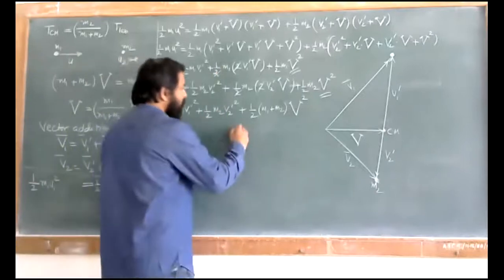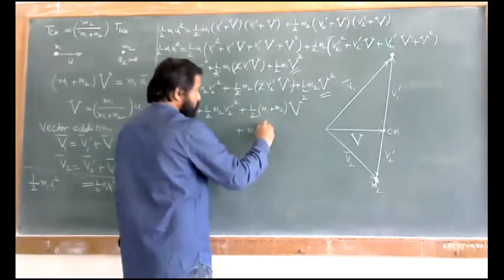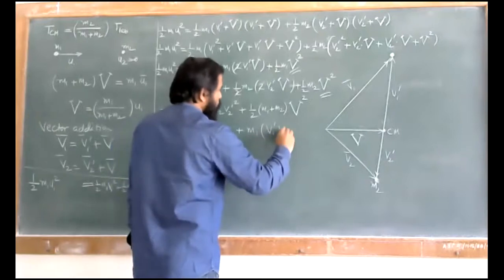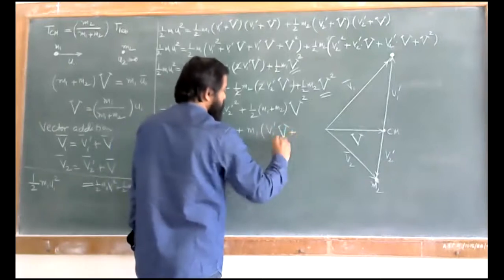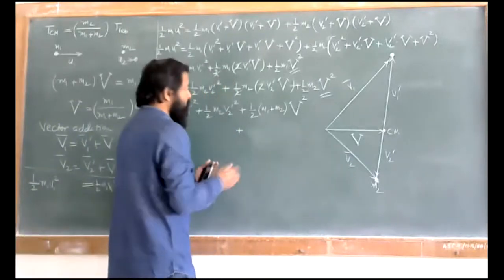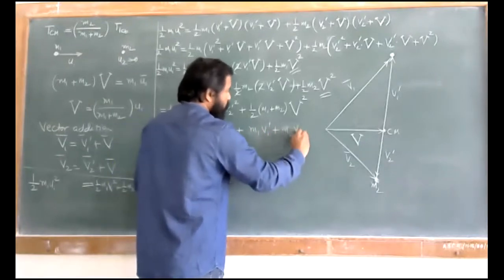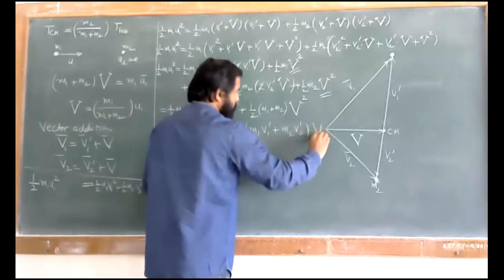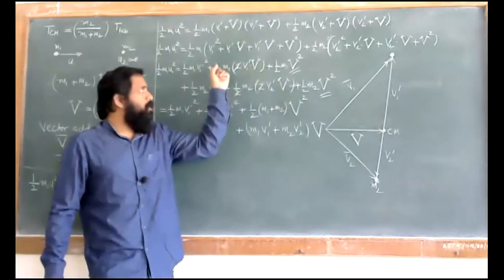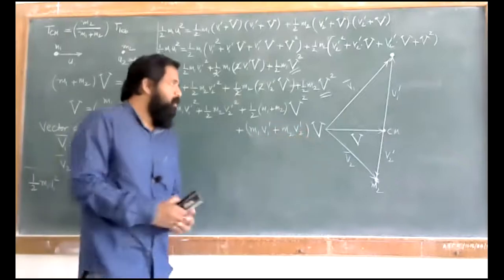The remaining terms are m1 into v1 dash into V plus m2 v2 dash into capital V. Just check it out. V is common here and V is common here. So m1 v1 dash plus m2 v2 dash into capital V. So we can have these terms.